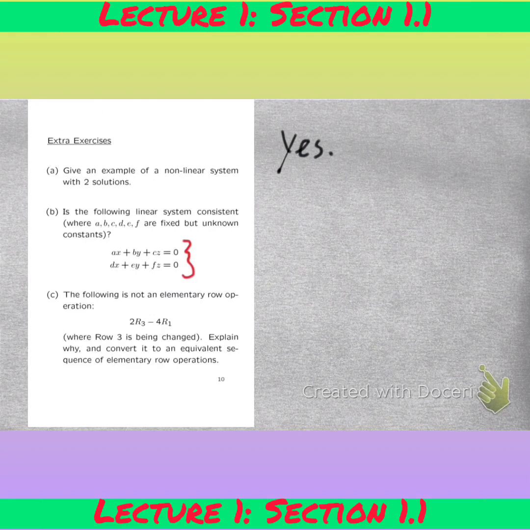Basically, x equals y equals z equals 0 is clearly a solution. If we make x, y, and z 0, the left-hand side in both equations is equal to the right-hand side. So that's clearly a solution.